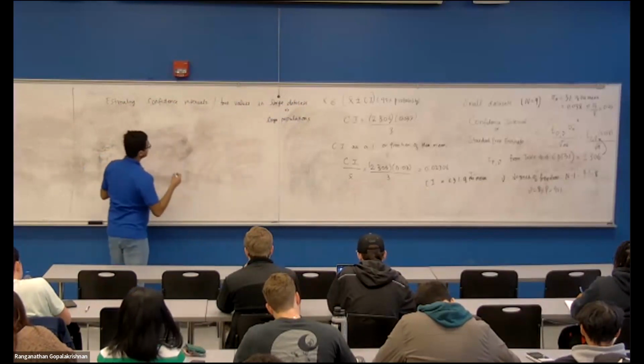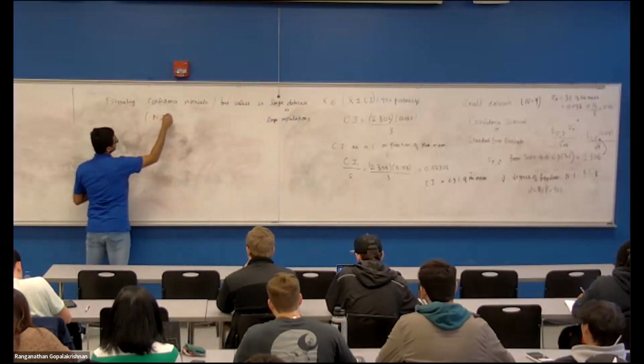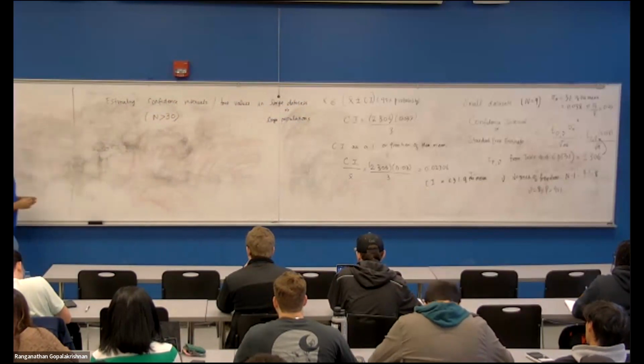And an ad hoc cutoff is n greater than 30 is considered large.